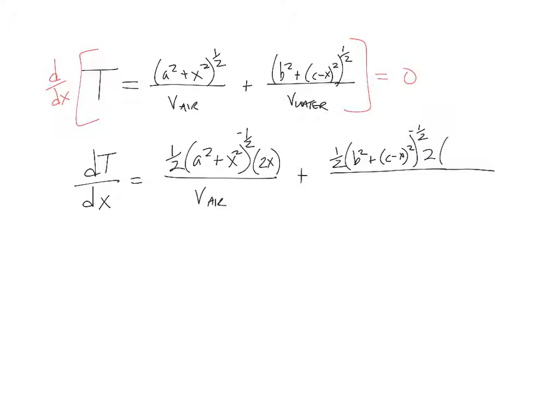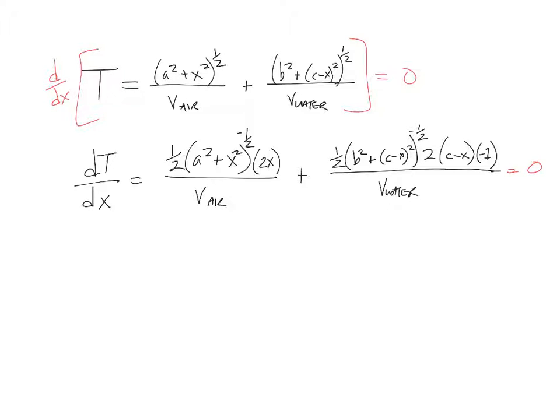Be careful. So c minus x stays, but then that negative comes out from the variable x. And all that was equal to 0 because we were minimizing.